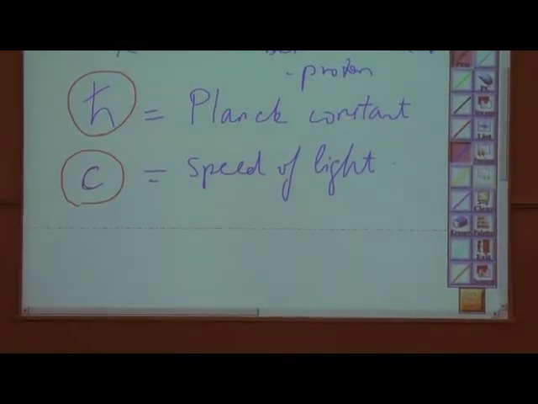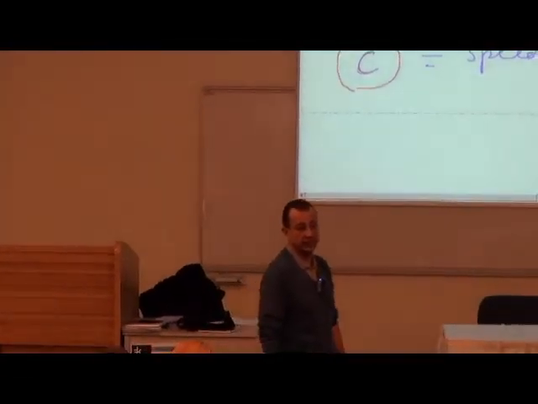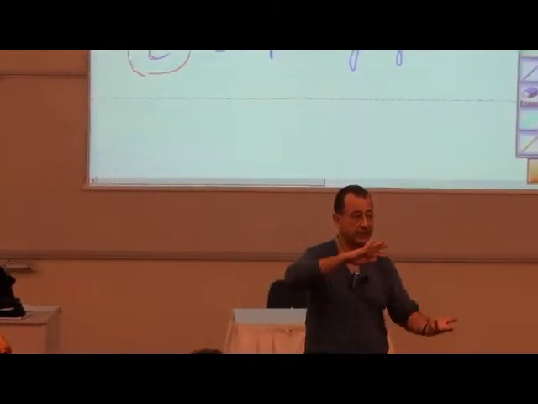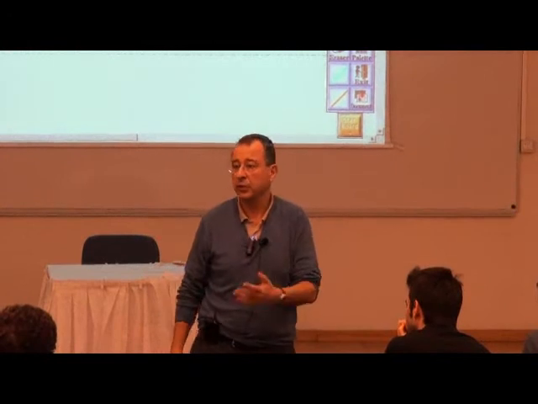Why is that a fundamental constant? Because, as we discussed, it is not just light. It is the speed of all kinds of electric magnetic waves, like radio waves, X-rays, ultraviolet, whatever.